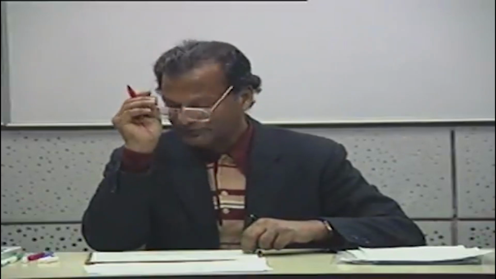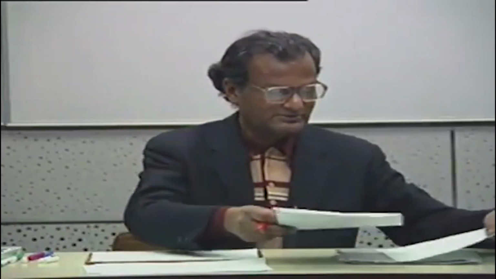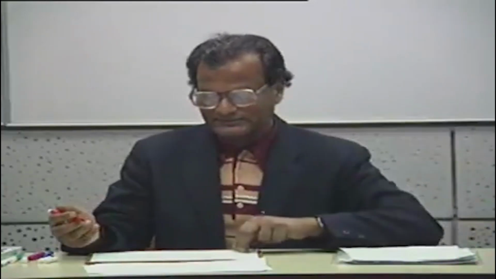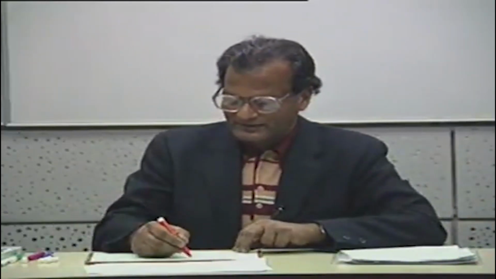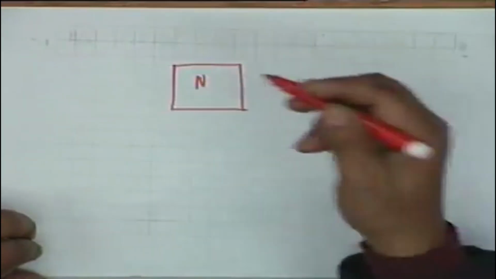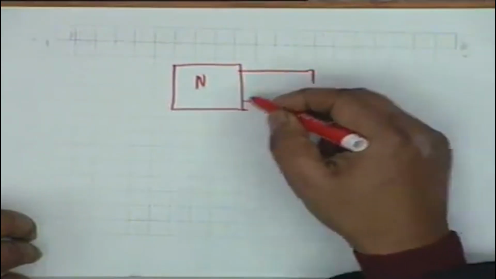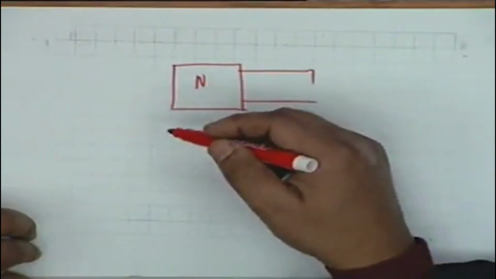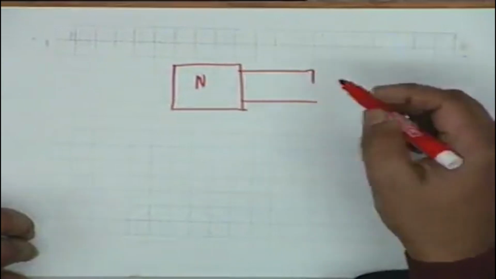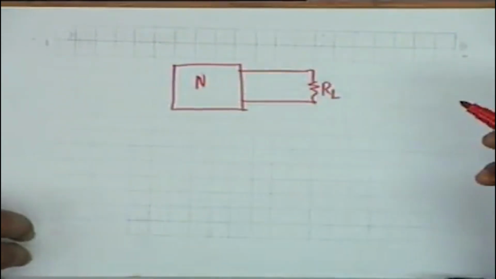All right. Now, before we take an example to illustrate this, I want you to understand the significance of RT in another way. N, the network which we are trying to replace by a Thevenin equivalent, can be connected to, let's say, a resistance RL, a load.